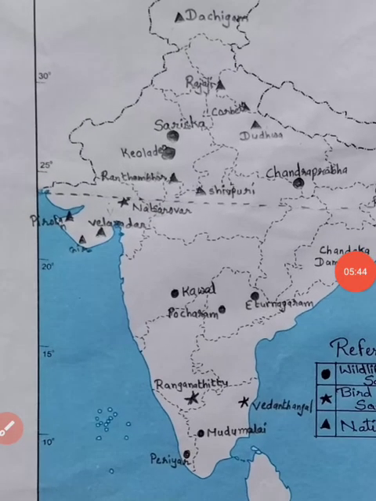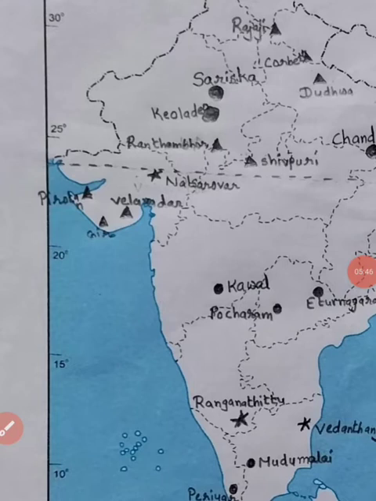Now see, in the part of Gujarat also there is Pirotan, then Gir and Velavadar. These are the national parks. Before these 3 we have done 6 national parks: Dachigam, Rajaji, Corbett, Dudhwa, Ranthambore and Shivpuri.